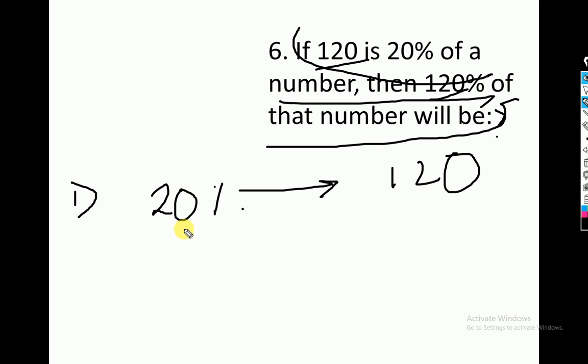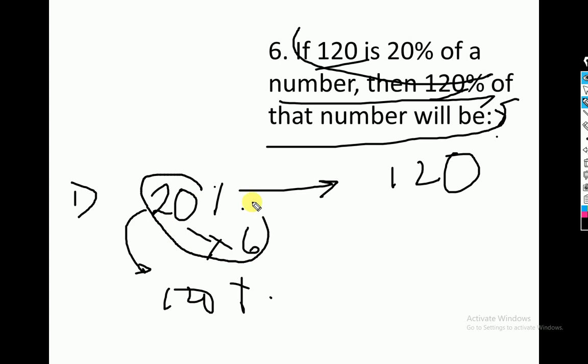So just write it plainly: 20% of the number is 120, and then 120% of the number will be, so from 20% to 120%, what do we have to do? You have to multiply it by 6. If you multiply 20 with 6, we get 120%.